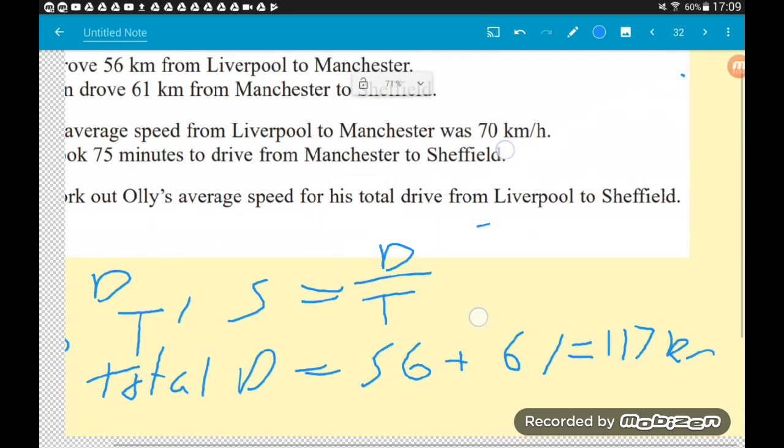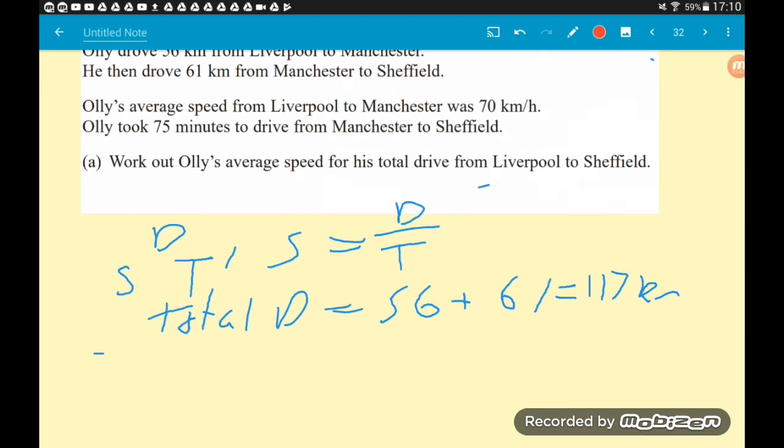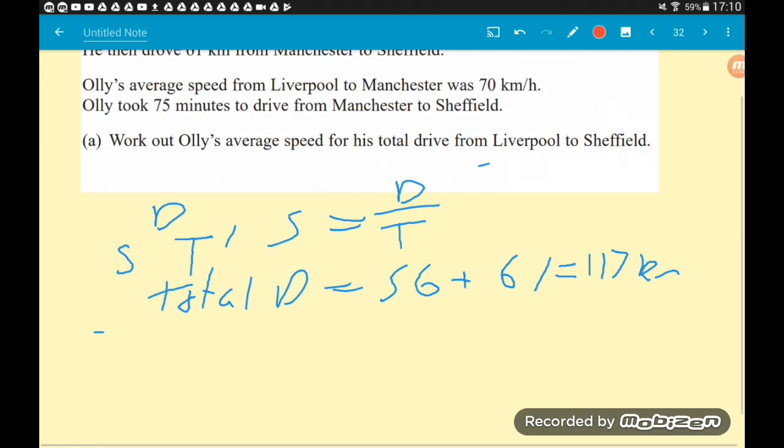Next thing we need is to work out his total time. So we know on the second leg of his journey, it took him 75 minutes. What we need to work out is the time it took him to get from Liverpool to Manchester. So this time, in the triangle, if we cover up T, it leaves us with T equals distance over speed.